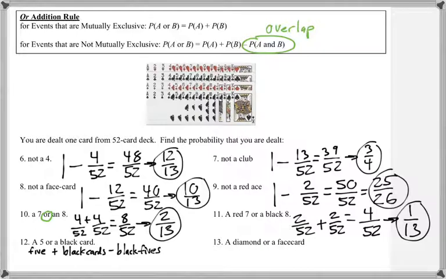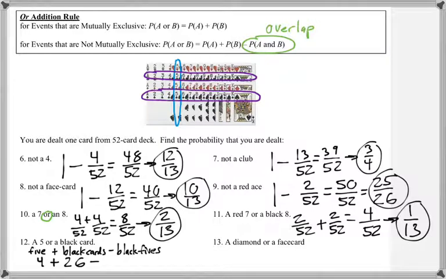So the number of 5s, there are 4 of them, the number of black cards, there are 26 of them, and then subtract the number of black 5s.